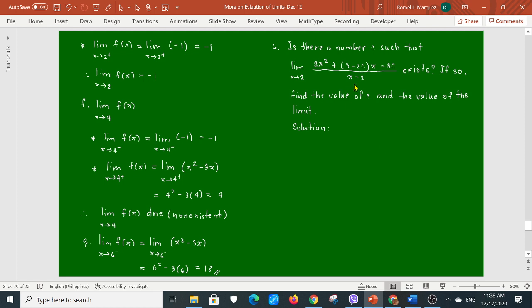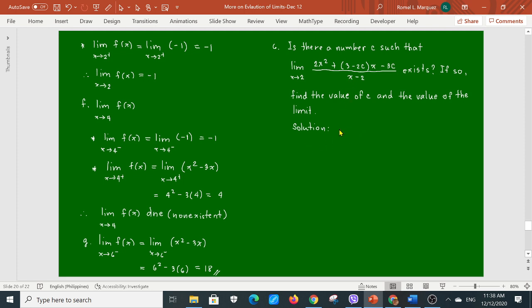So, if you want your numerator to have x minus 2 as a factor, it means 2 is a root, no? Meaning, the numerator will be 0 when x equals 2. Okay?